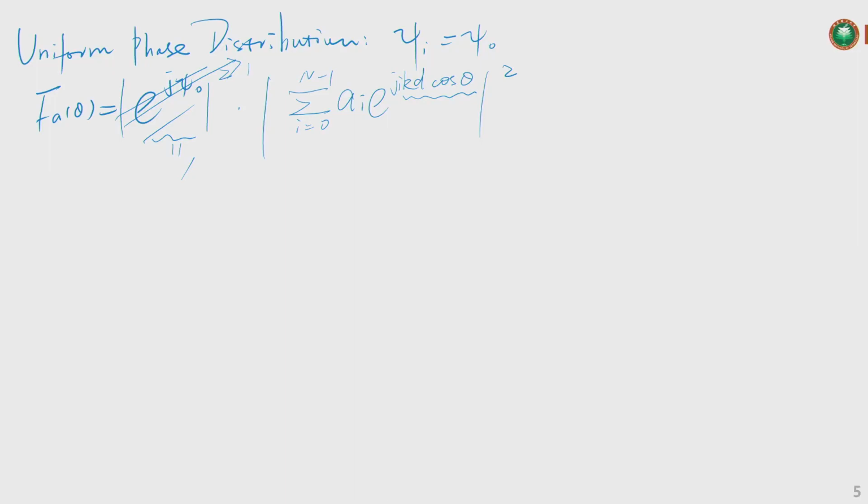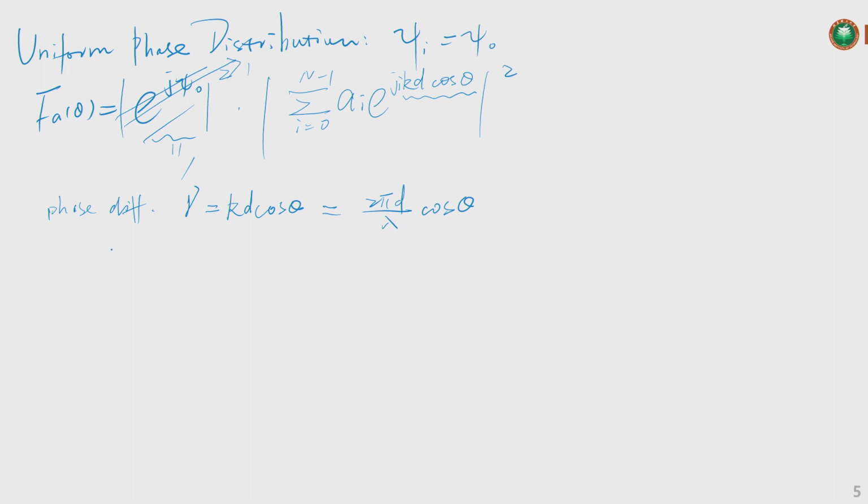So we can define a parameter called gamma, the phase difference between neighboring or adjacent elements. This is represented as k times the path difference d cosθ, which also equals 2πd divided by lambda times cosθ.